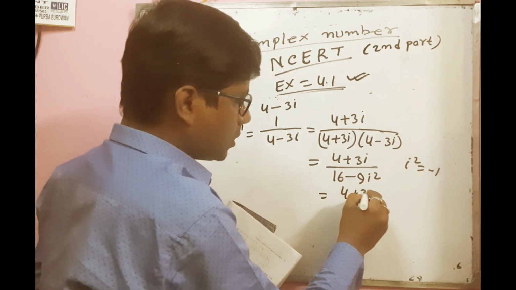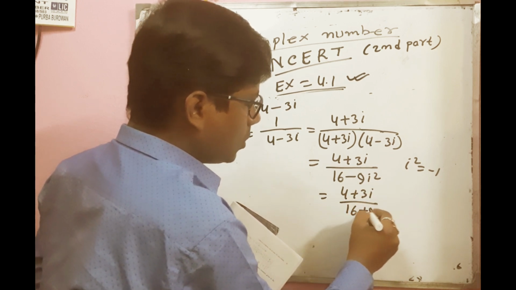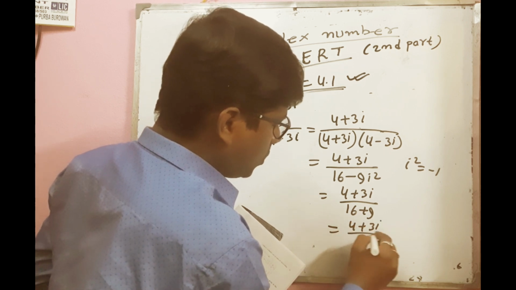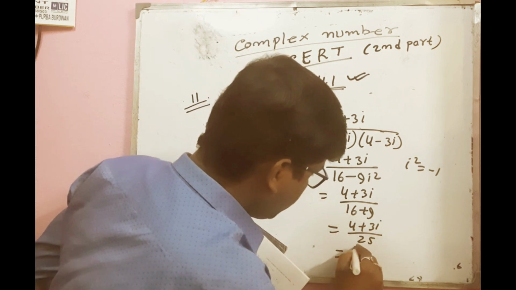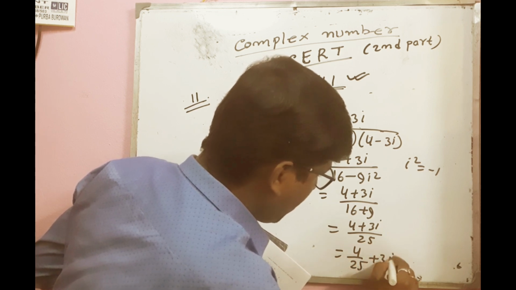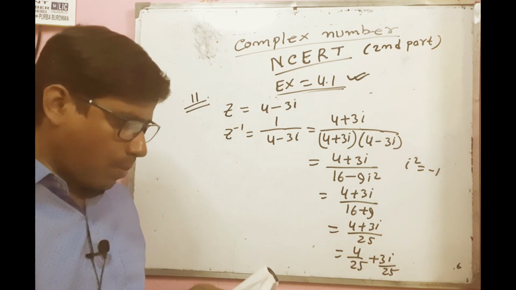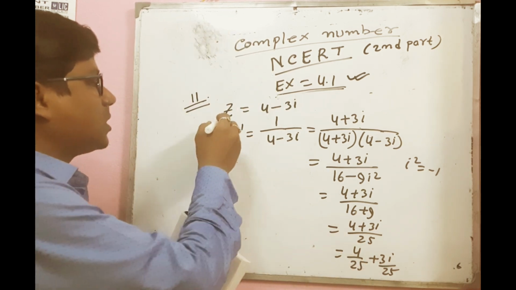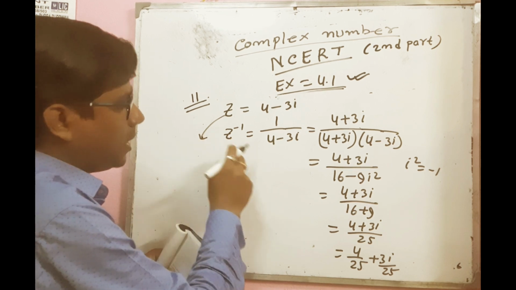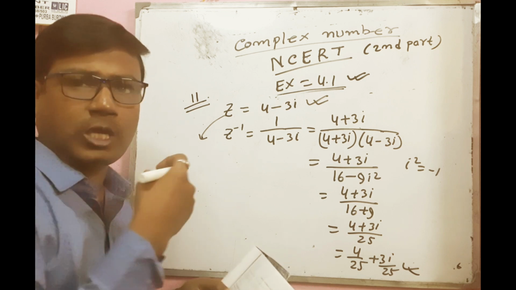So 4 plus 3i, 16 plus 9, so this is 4 plus 3i over 25, that is 4 by 25 plus 3i by 25. This is the multiplicative inverse of z. So the multiplicative inverse of z is equal to this one. The completion of 11. Now we move to the next part.